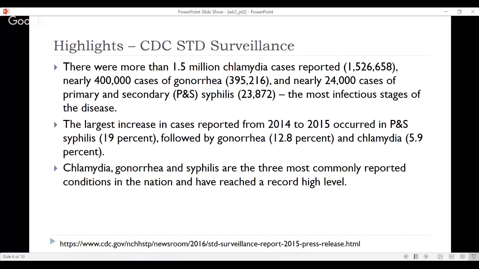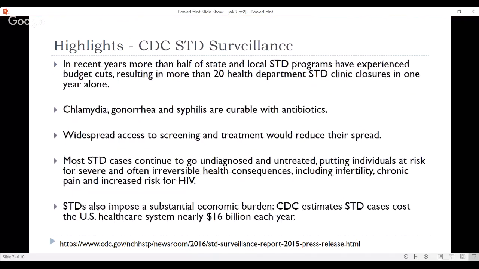The other thing to keep in mind about chlamydia, gonorrhea, and syphilis is that they're curable with antibiotics. So in theory, these are all preventable or curable diseases, right? In recent years, more than half of state and local STD programs have experienced budget cuts, resulting in more than 20 health department STD clinic closures in one year alone.